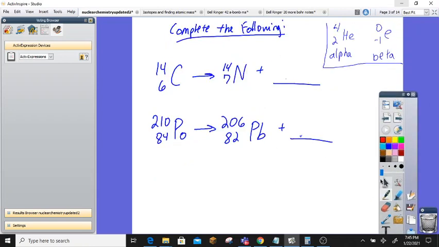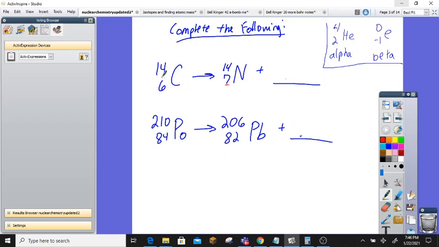So just continue it on your notes. Go ahead and copy that down. So we have a choice between an alpha or a beta particle. Okay. So here we have carbon, an isotope of carbon, an unstable version. Carbon is going to turn into nitrogen, but will it get rid of an alpha particle or a beta particle? Well, let's take a look at the bottom number.